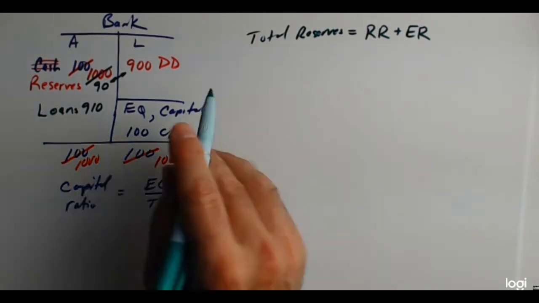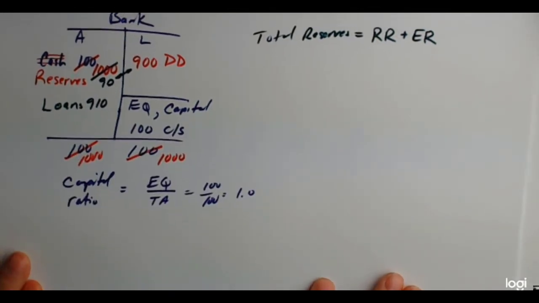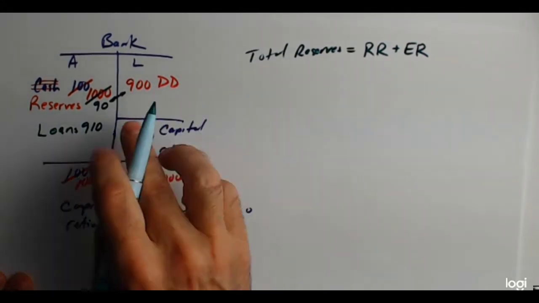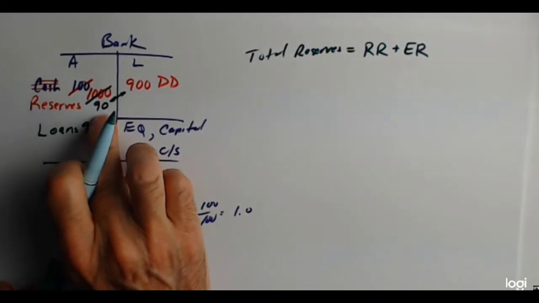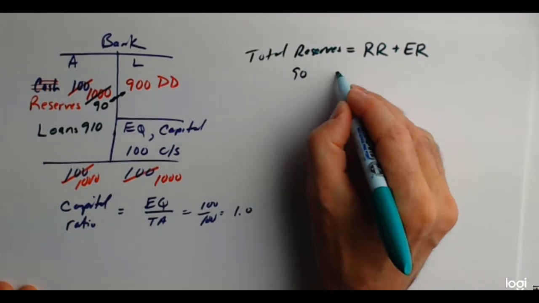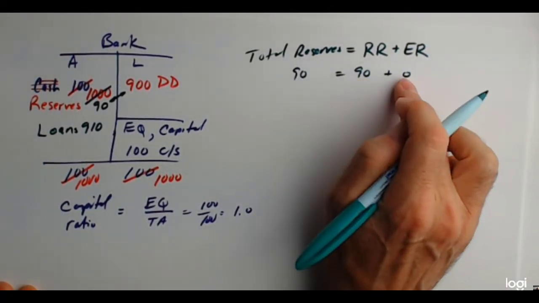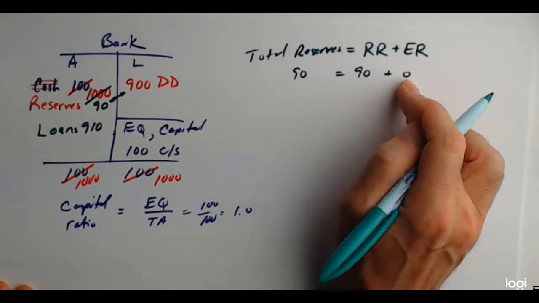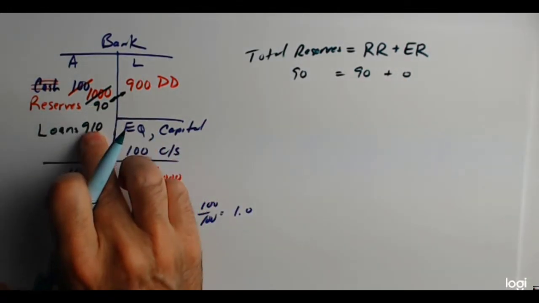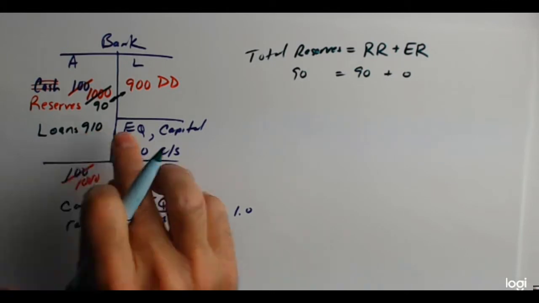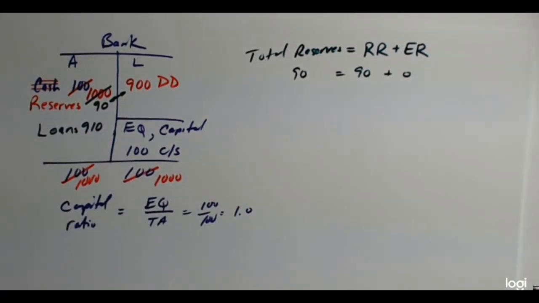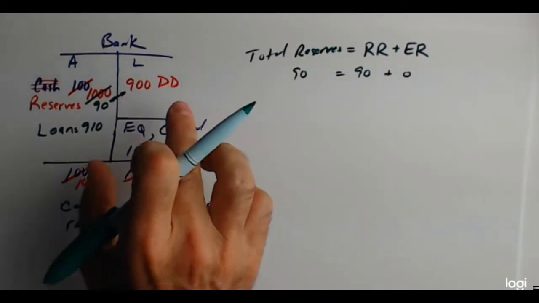Now in this case where I have $90 in reserves, our total reserves are 90. It happens to be all required reserves, and we have zero excess reserves because we lent everything out that we could, except for this $90. So therefore we meet our reserve requirements.